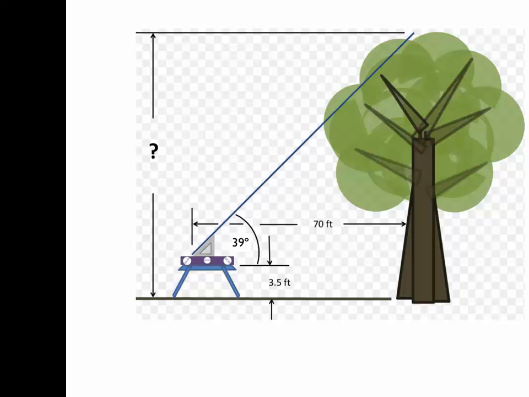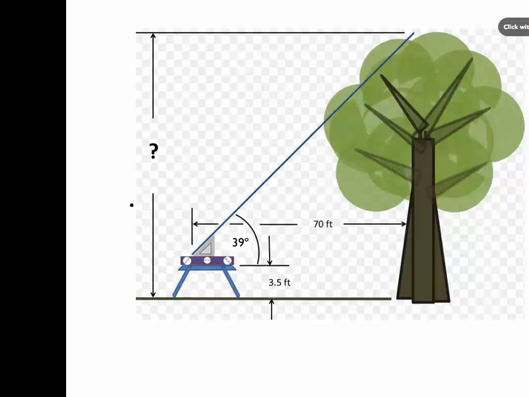The angle of elevation is the angle swept up from horizontal, up to the line of sight to the top of the tree. It's 39 degrees, and the distance of the instrument from the tree is 70 feet. We want to know the height of the tree, which is shown over here.